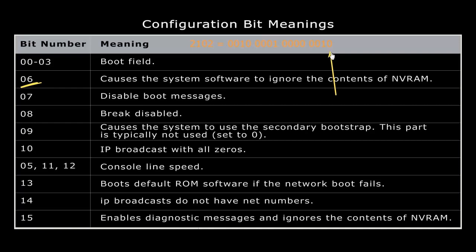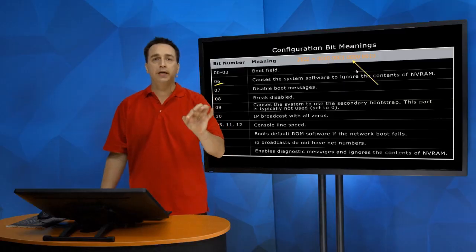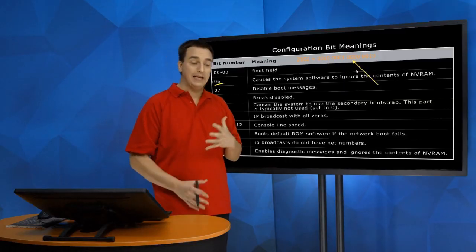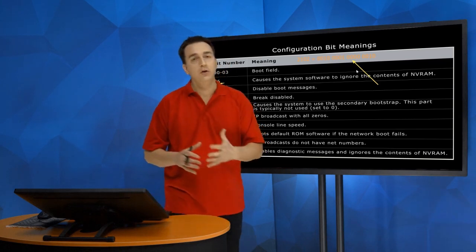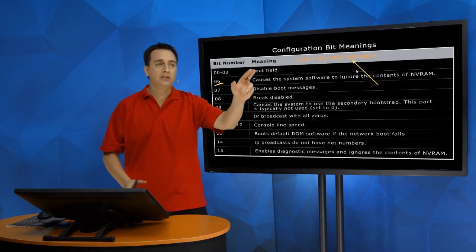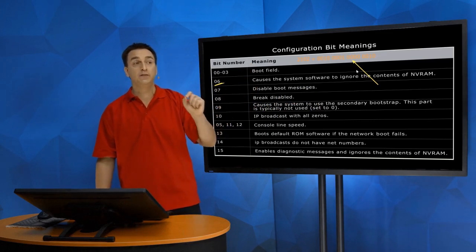So that means we have 0, 1, 2, 3, 4, 5, 6. So that is bit 6. And most people, if they started counting by 1, would think that is bit 7. So you've got to go from 0 to 15, and that's what we see here on the left-hand side. It says bit number 0, and the very bottom is 15.